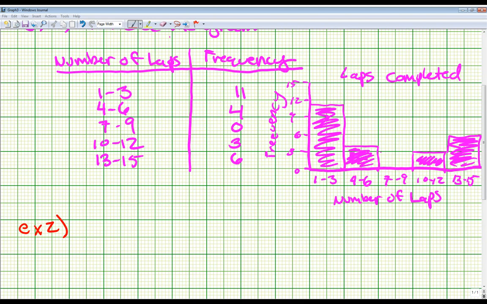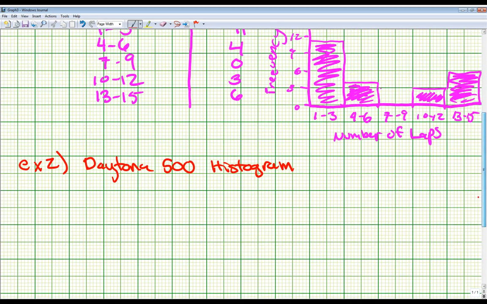So going back to our notes, we can set those up by talking about the Daytona 500. So we're going to say Daytona 500 histogram. And even though we are not going to draw the histogram, hopefully that will jog our memories as to what we were looking at from our book.